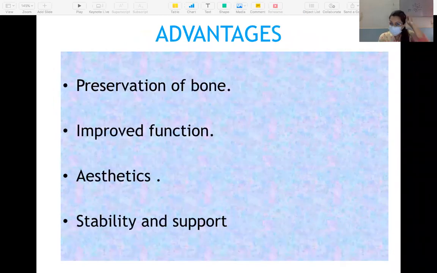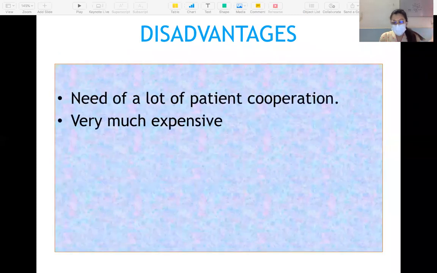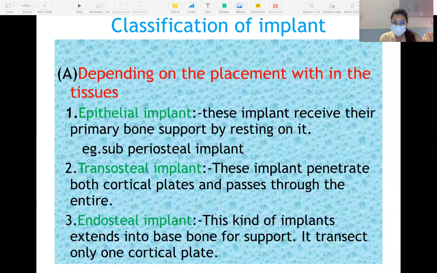The advantages of implants, like I said, are preservation of bone, improved function, improved aesthetics, better stability and support. Like any other treatment, it does require a lot of patient cooperation, and implants are currently one of the best treatments. So they are expensive.